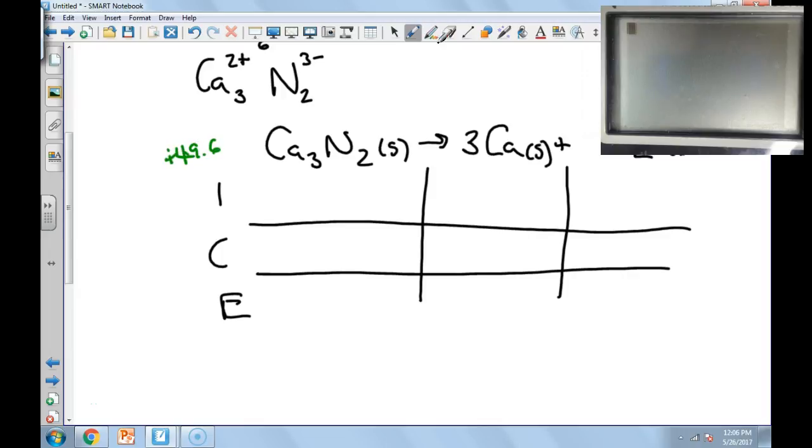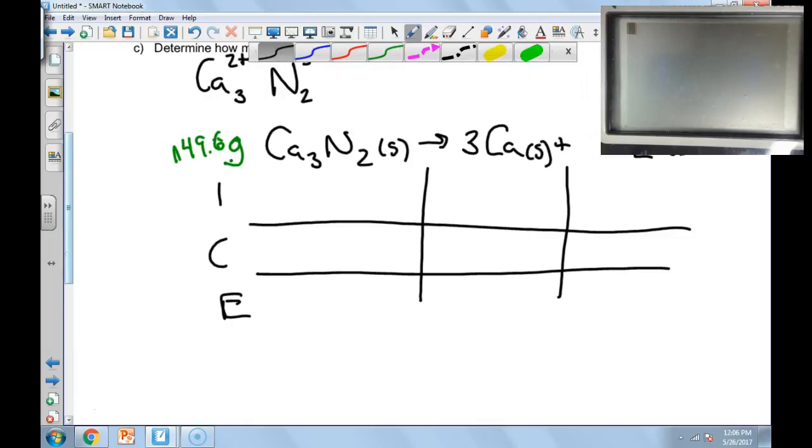Let me make sure that I write that big enough or clear enough. Something's wacky with my pen here. 149.6 grams. Okay, now we know that when we do ICE charts, the units of an ICE chart are actually moles. So we have to take this and we have to convert it to moles.